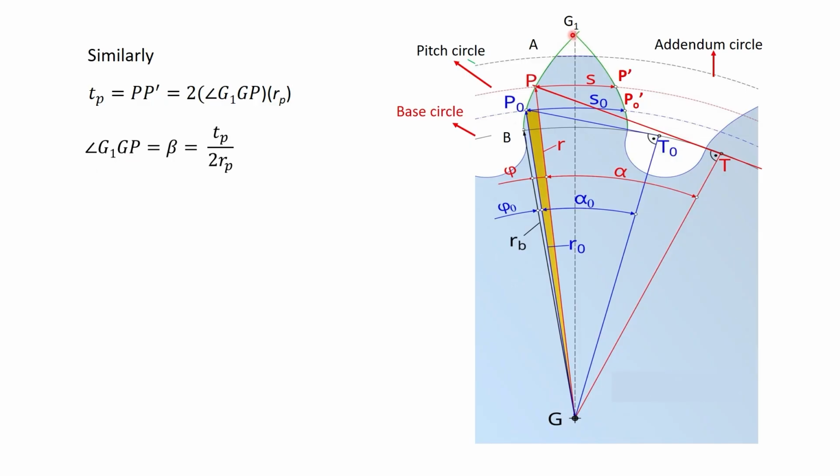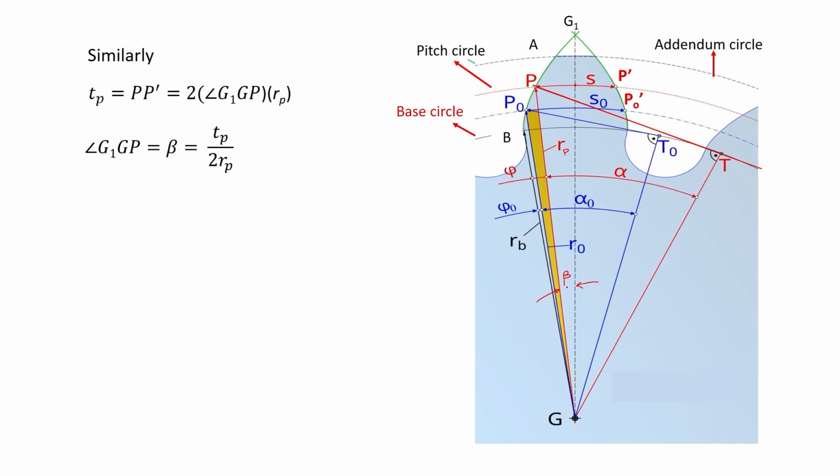So, angle G1 GP is written as beta, so this angle is beta, angle G1 GP, and that is equal to this PS divided by GP, which is R or RP, the pitch circle radius.